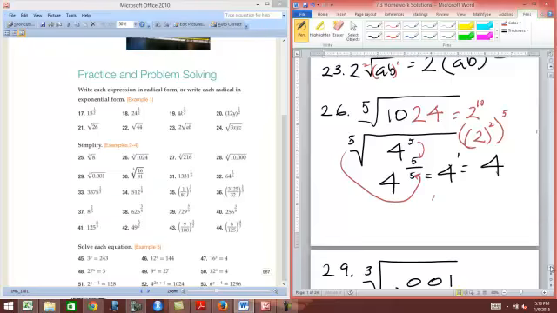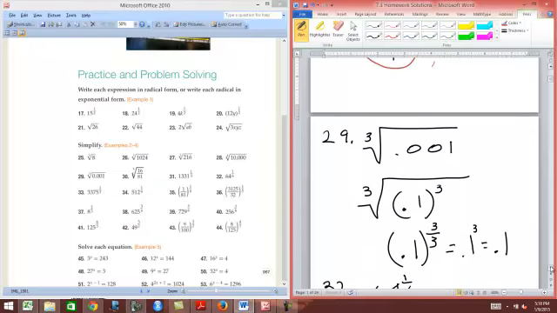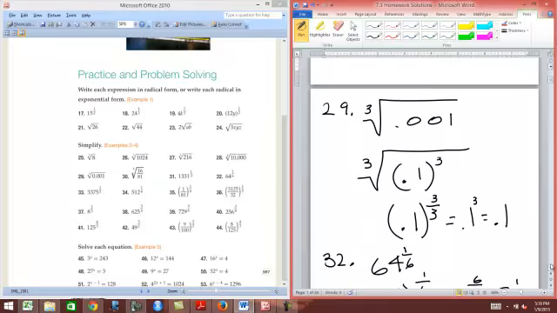And we're going to do this a whole bunch of times. Cube root of 0.001. Well, hopefully you can figure out that 0.1 times 0.1 equals 0.01, right? And then times 0.1 is 0.001.